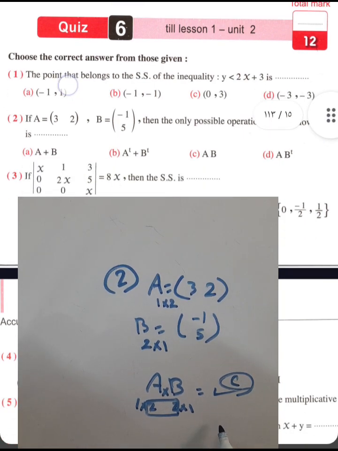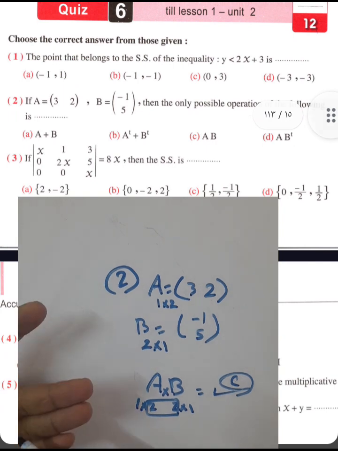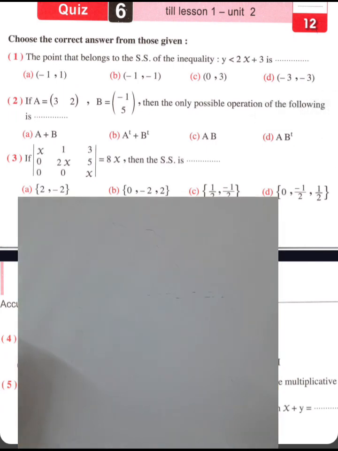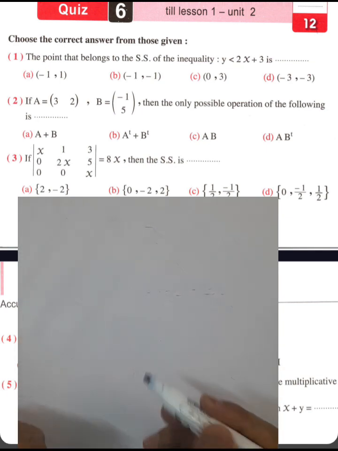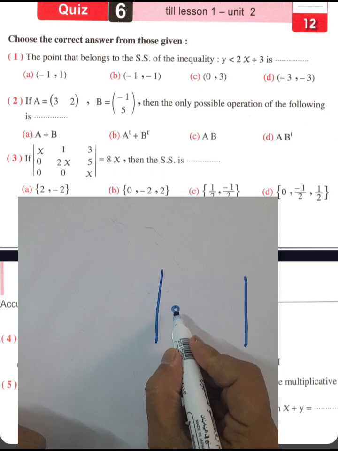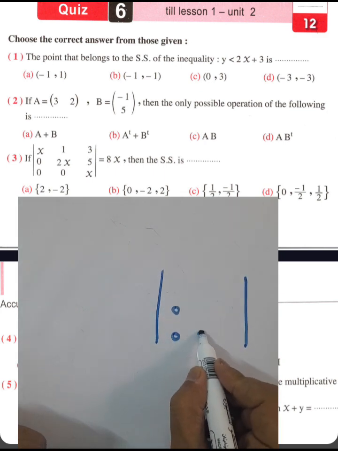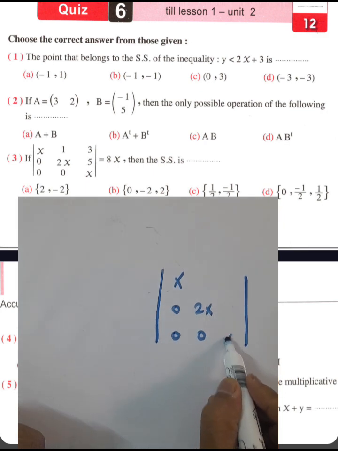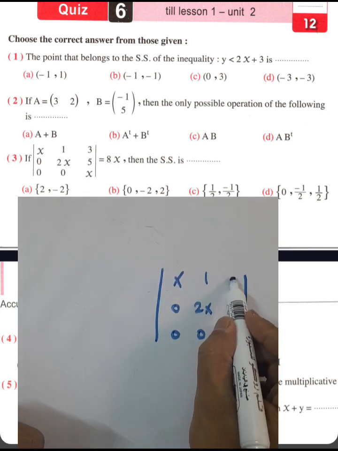Okay, question number 3. He gives us the determinant of a matrix equal to 8x, then the solution set of this matrix. You write it in this formula: 0 and 0 and 0, and we have x and 2x and x, 1 and 3 and 5.